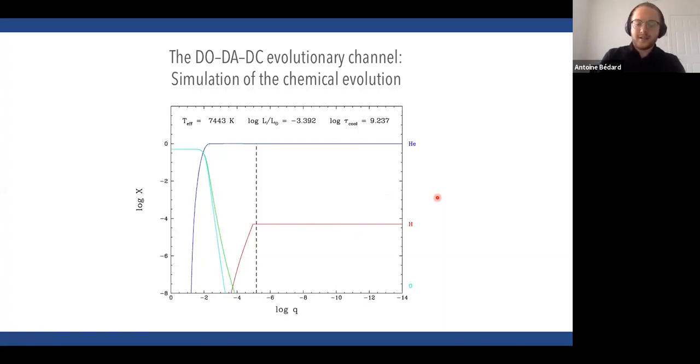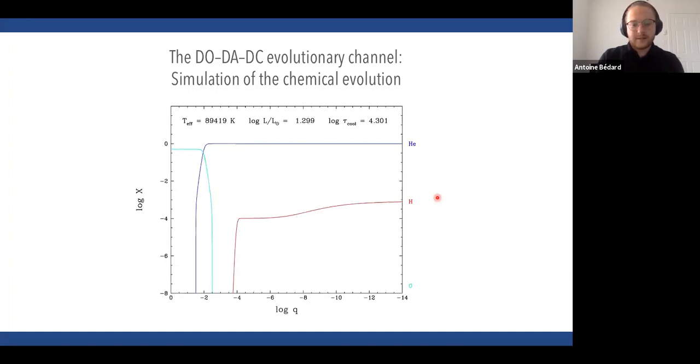On one hand, you have an evolutionary timescale, which is tens of millions of years. And on the other hand, you have the timescale of element transport, which is less than a year. That's very hard to handle numerically. So that's it about that.